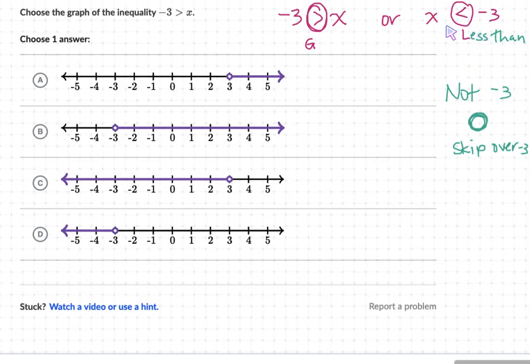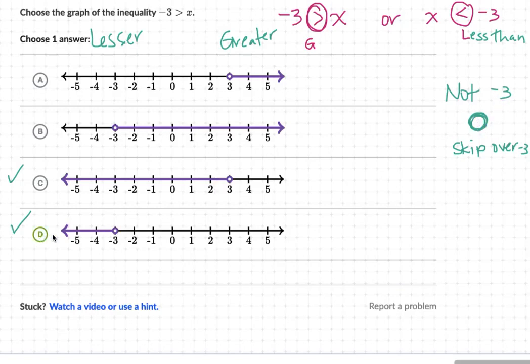And then back to the problem, x is less than -3. So I'm looking for numbers that are less than -3. Remember, the further right we get, the greater we get. The further left we get, the less we get. So I'm looking for shading on the left-hand side, so it's either C or D. Okay, so open circle on -3.